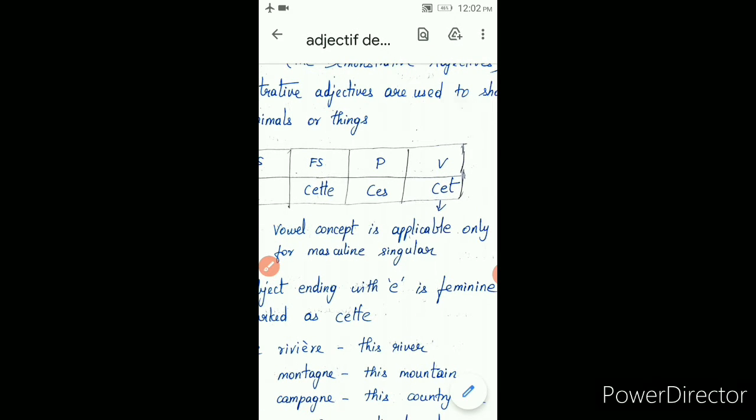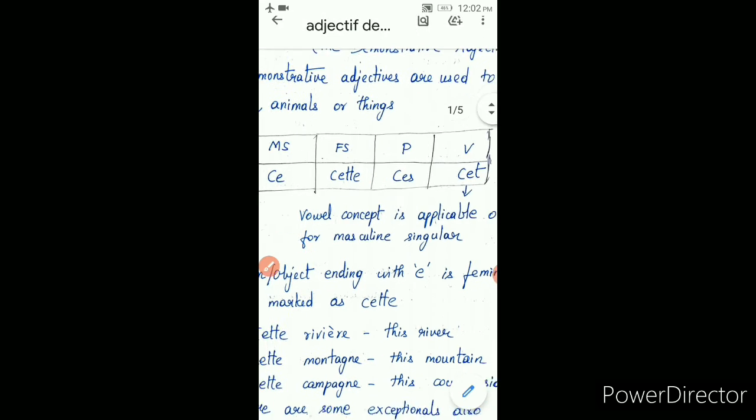Vowel concept is applicable only for masculine singular. This vowel concept is not applicable for feminine singular. It is applicable only for masculine singular.